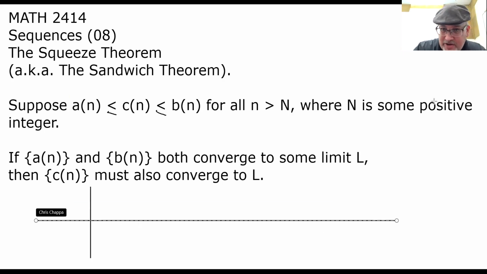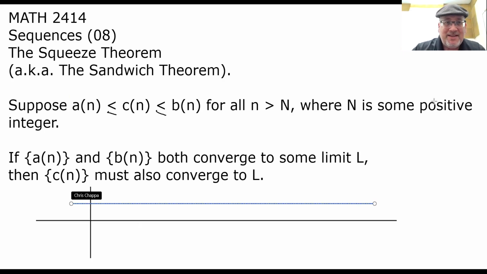We'll put the limiting line. Let's say that An is some sequence in green. So we have some dots that are getting closer and closer to the blue line.